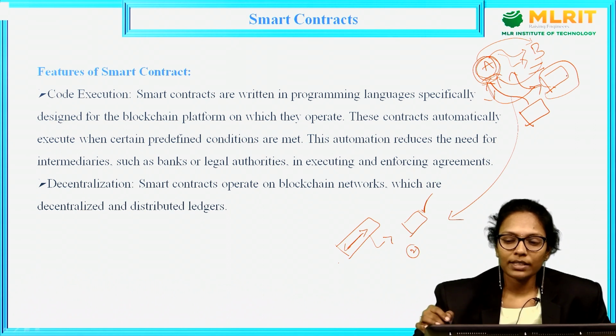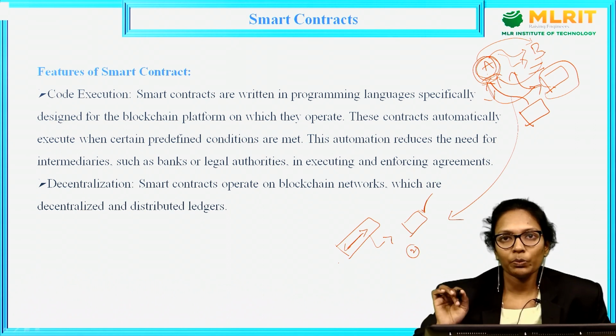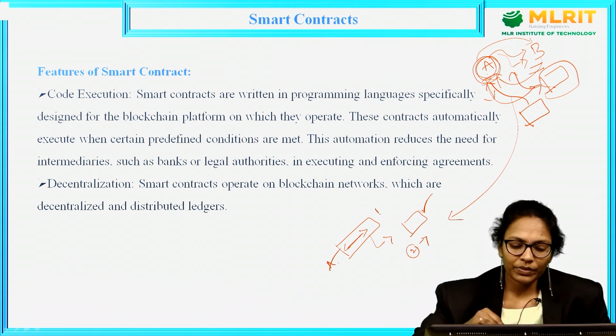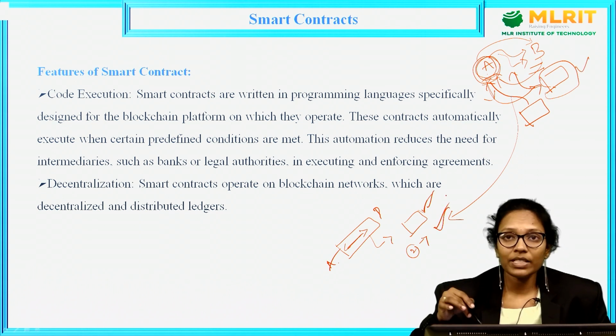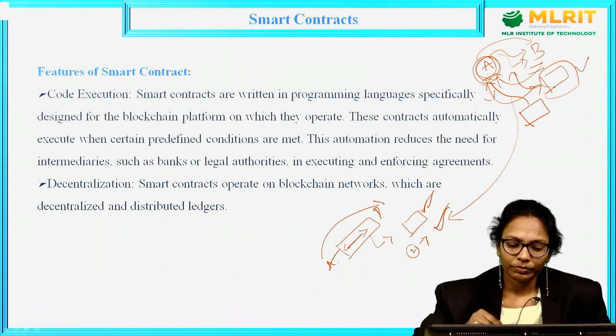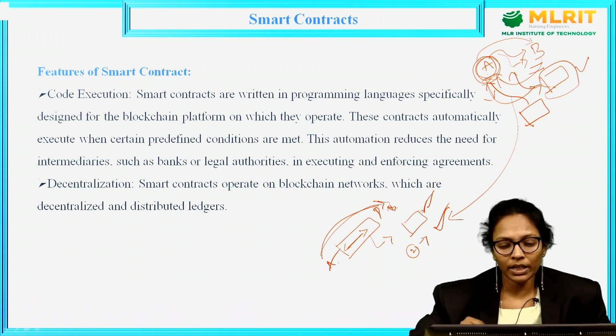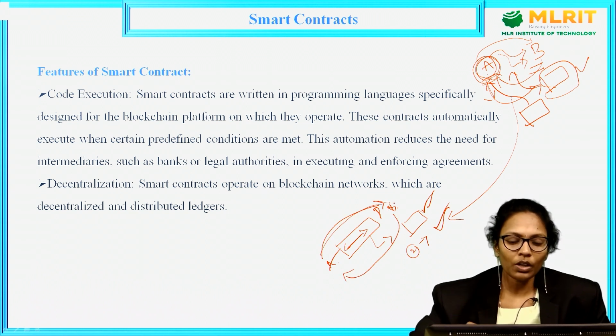To buy this land, A should transfer some funds to B. So the smart contract will check whether A has sufficient funds. If these two conditions are true, the land documents are valid and A has a sufficient amount to transfer, then the transfer will be done automatically. The amount will be transferred from A to B and the land documents will be transferred from B to A. This is all an automated process.